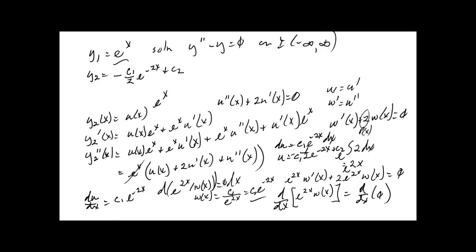That's the u of x from here times e to the x from here. And just to keep it from being confusing, I'll drop this back down on the level it's supposed to be.